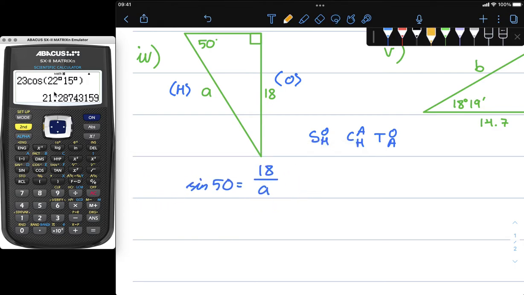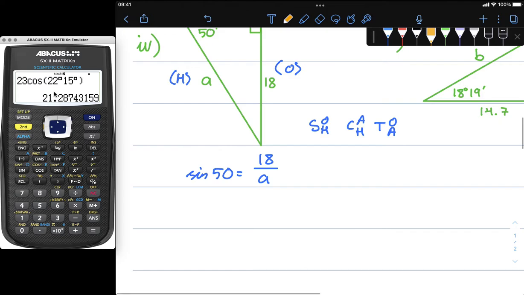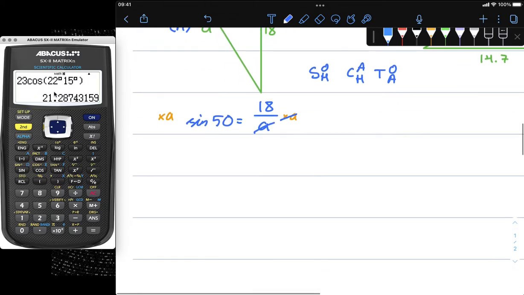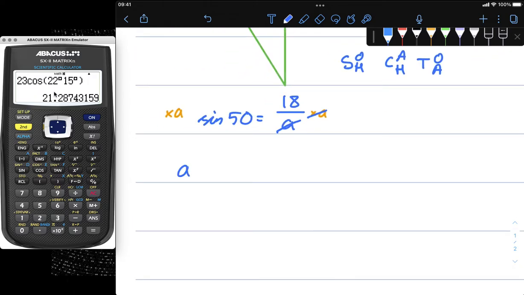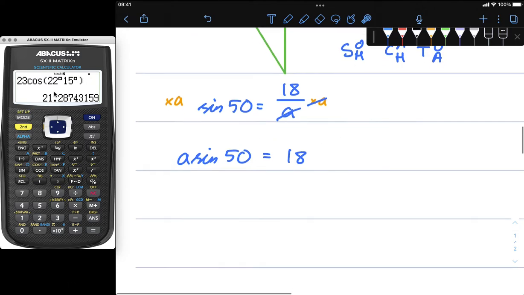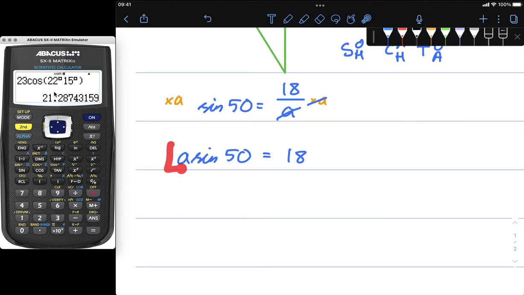So I'll show you the long way first in this example. We multiply both sides by A, so it cancels the A's. This on the left-hand side still becomes A sine 50 equals 18, but we can't quite type this in just yet. We want A on its own.